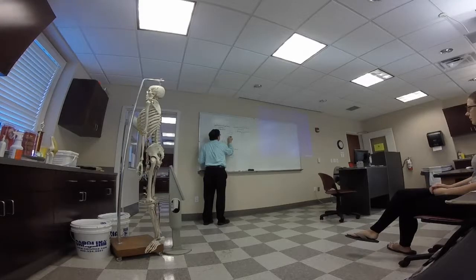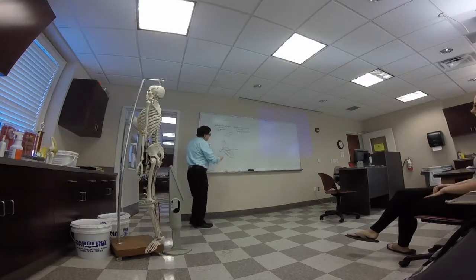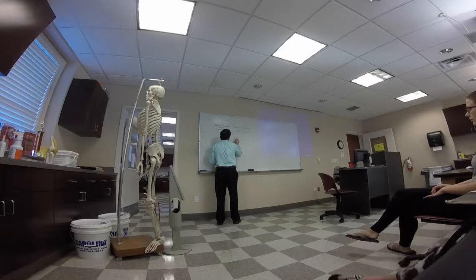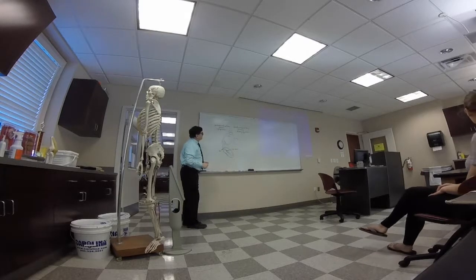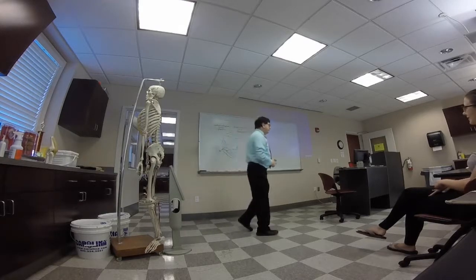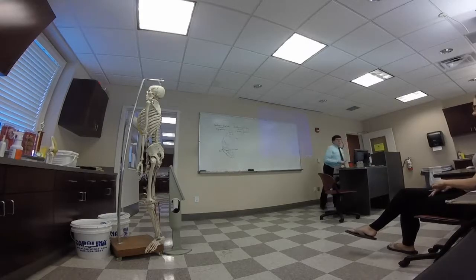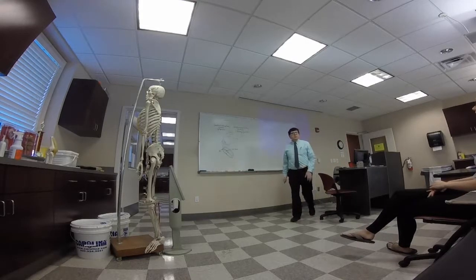Nine. Okay. And then afferents from the aortic baroreceptors are going to pass into the nucleus tractus solitarius through what cranial nerve? The vagus, which is 10. Okay. All right, you might have to review this a little bit.